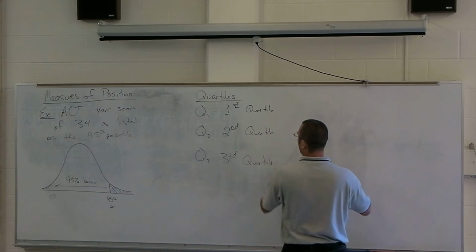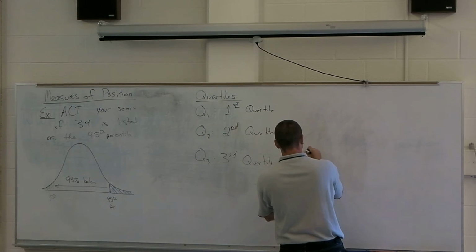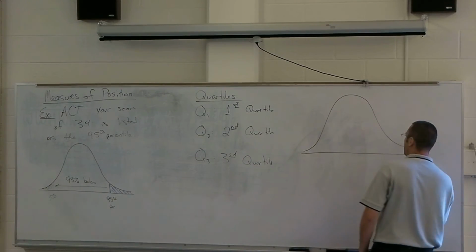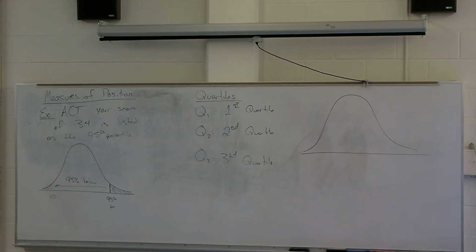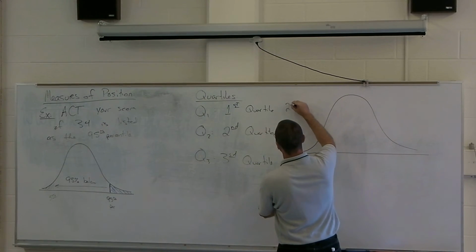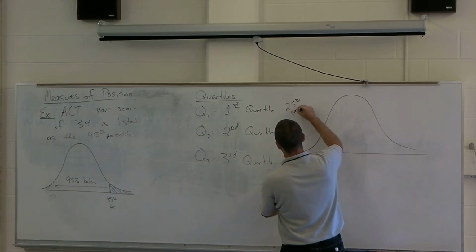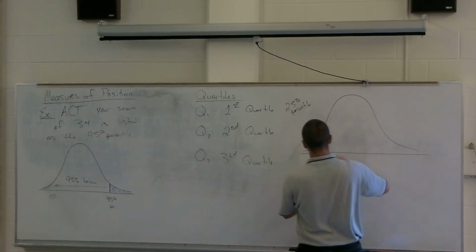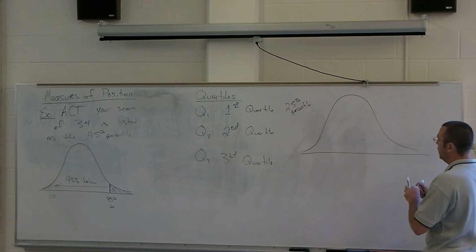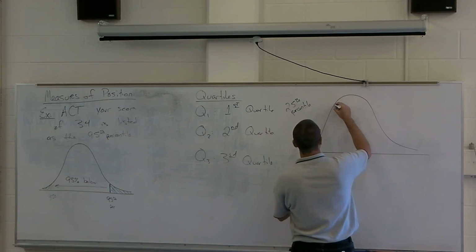Okay? So when I talk about these quartiles, if I look at a distribution here, what's the first quartile measuring? The first 25%. It's measuring the 25th percentile. If I look at my graph here, and again, I'm not trying to be 100% perfect with this, so bear with me.